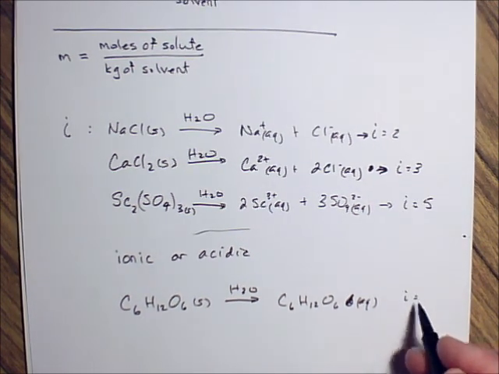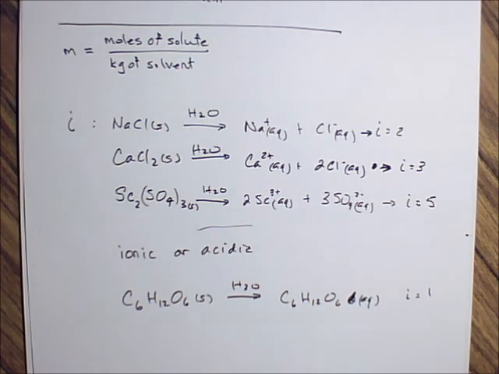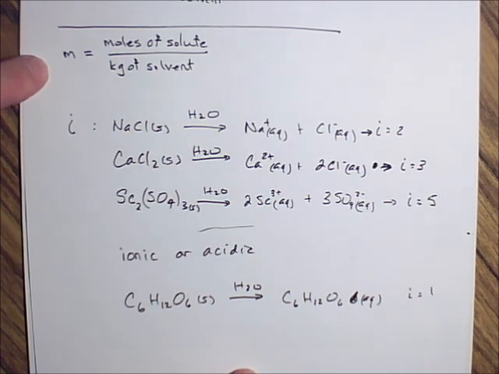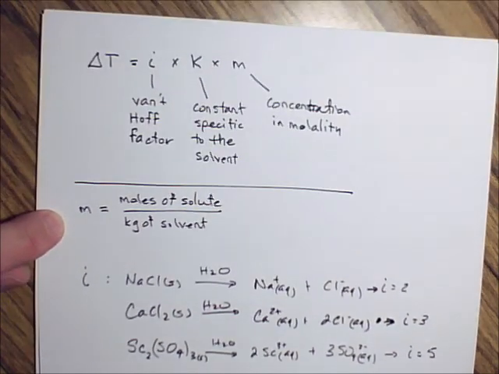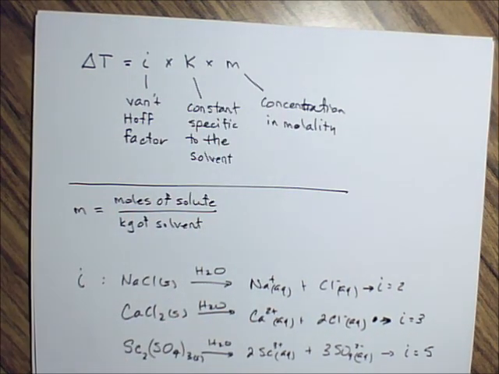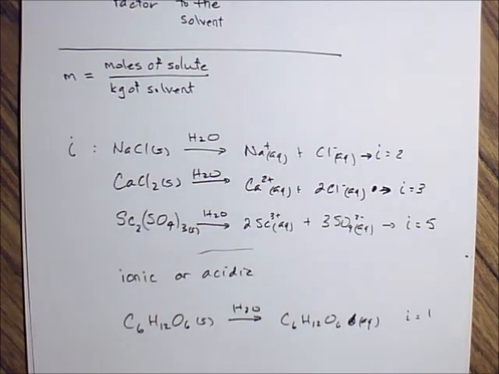So what is i in this case? 1. There you go. So that's the Van't Hoff factor. There's molality. And I guess Thursday we'll start looking at how we use this equation to make calculations.